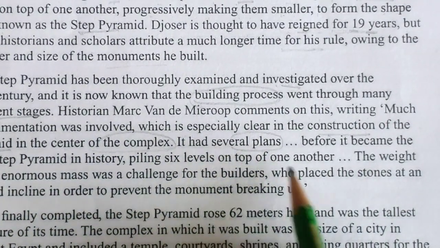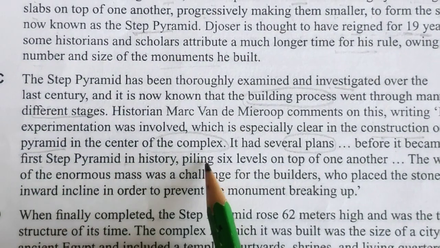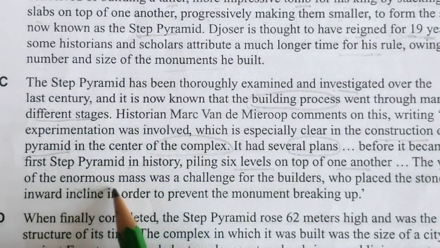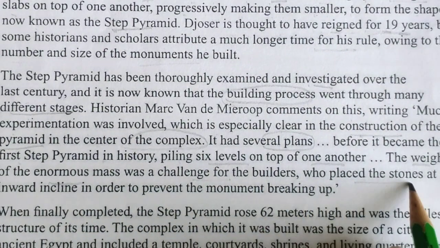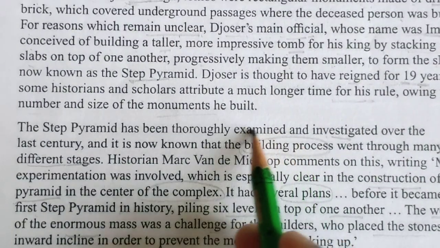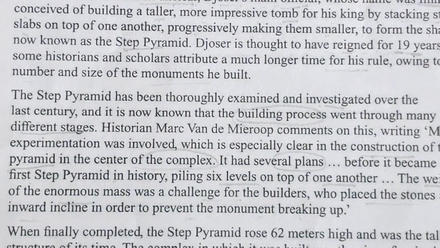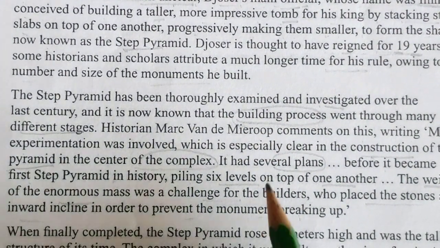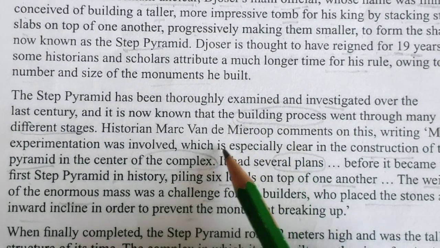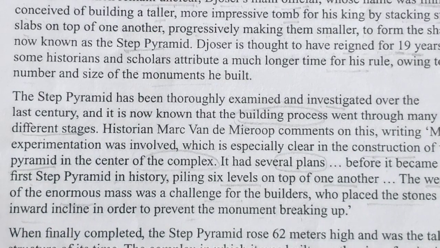It had several plans before it became the first pyramid in history, 6 levels on top of one another. The weight of the enormous mass was a challenge for the builders. Who placed the stones? So you can just imagine they are talking about this building, its designs and all. Nothing to do with design, they are talking about the building process, everything about the pyramid complex.